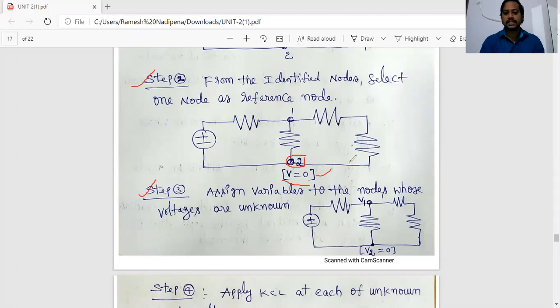Here V1 is the variable, assigned at node 1. At node 2, no need to consider it, the reason being V equals 0.